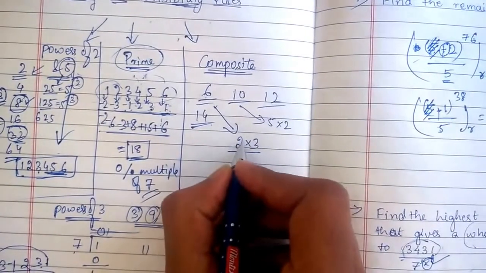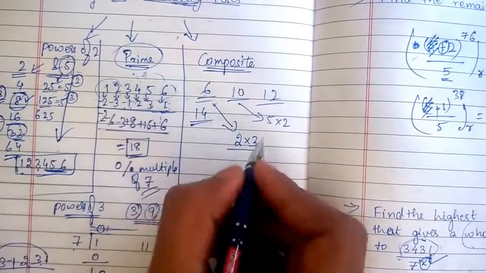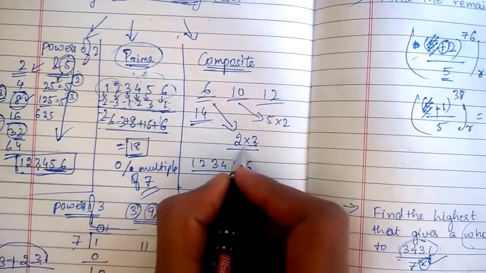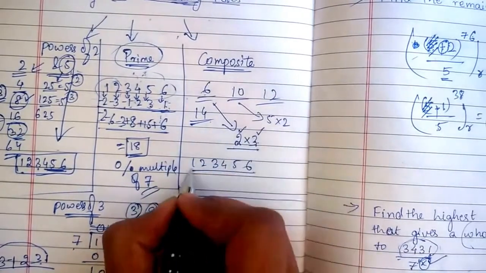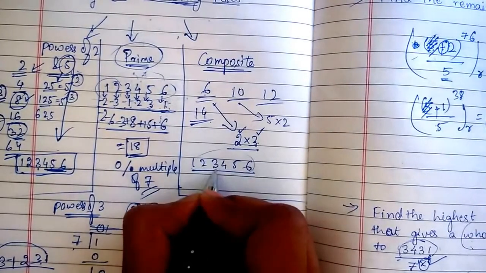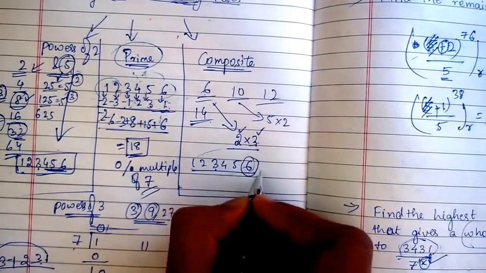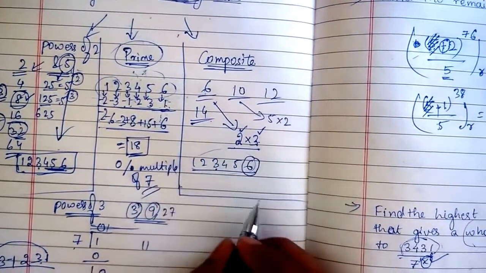Now after writing it as a product of two numbers, you have to check if the number we were checking, 1 2 3 4 5 6, is divisible by both 2 and 3. If it is, then the whole number is divisible by 6. Now to check for this number to be divisible by 2, the last place should be either 0, 2, 4, 6, 8 or an even number in general.